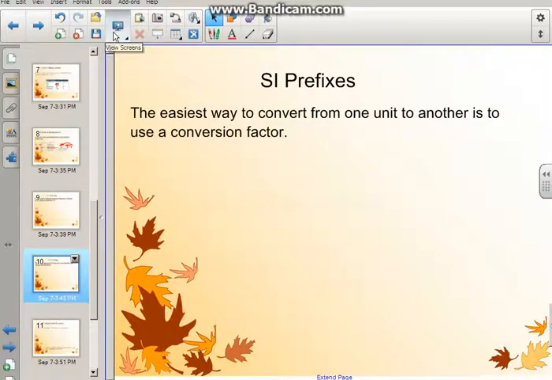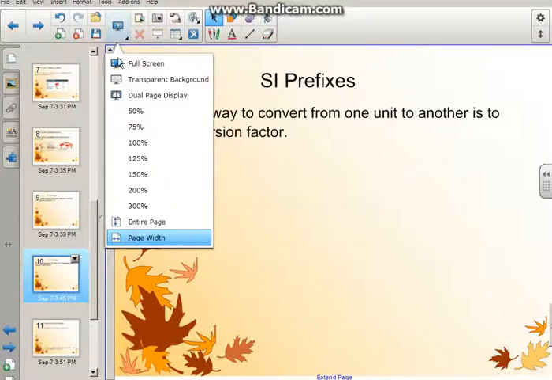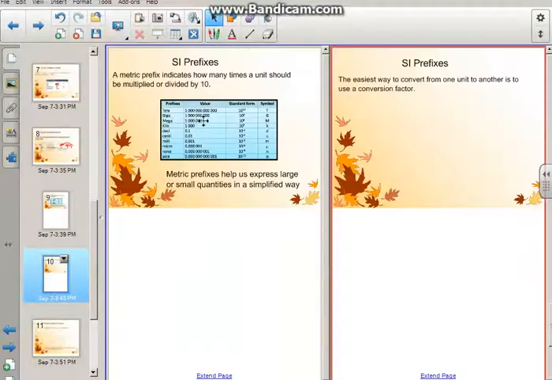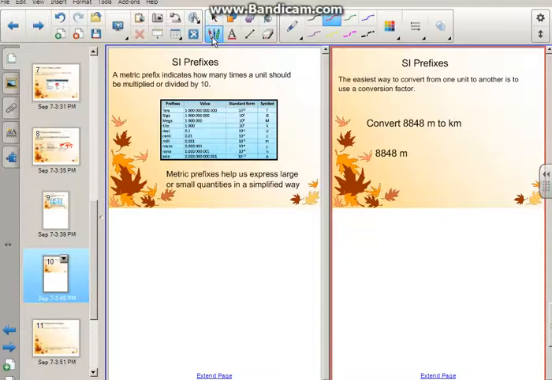Now, in order to use these properly, we need to use something called a conversion factor. And a conversion factor helps us change from one unit to another. So, if I want to convert 8,848 meters, which is the height of Mount Everest, to kilometers, I would need to use a conversion factor. When you use a conversion factor, you always start with what you know. In this case, that's 8,848 meters. And then you multiply by something that is equivalent.